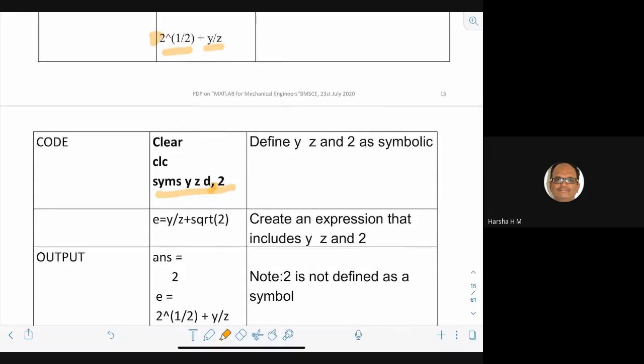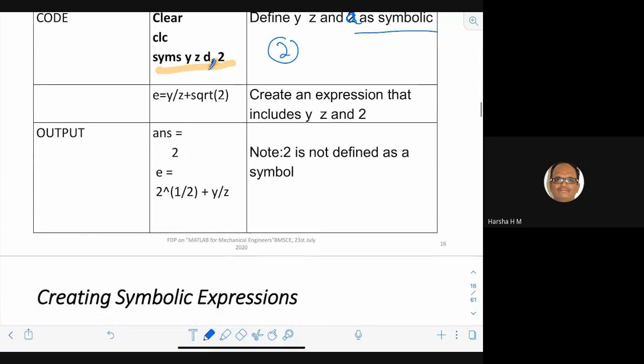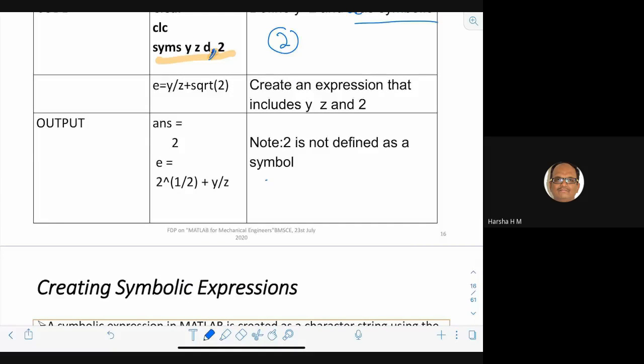This is y, z and d as symbols, but 2 is not going to be defined as a symbol. It still continues to be a number. So it is not defined here because you have separated by comma. And when you type it, you get this expression. Remember, 2 is not a symbol here, and if you want to get the value of this, you need to use the double command.